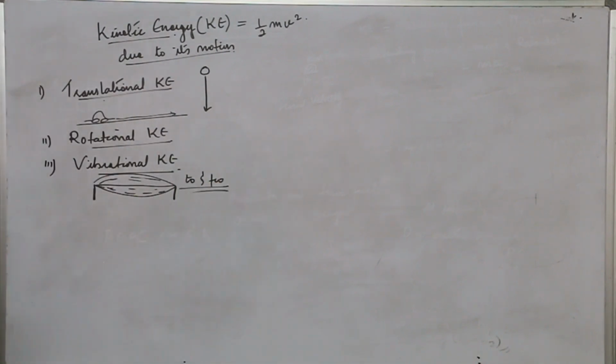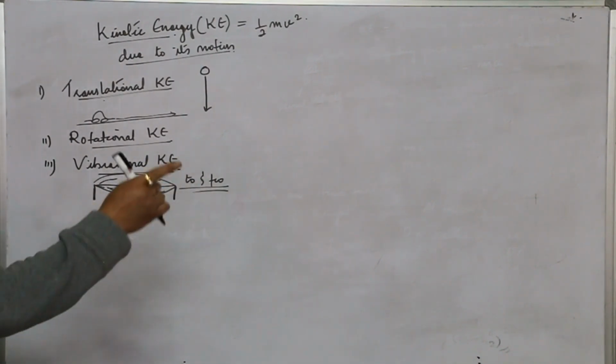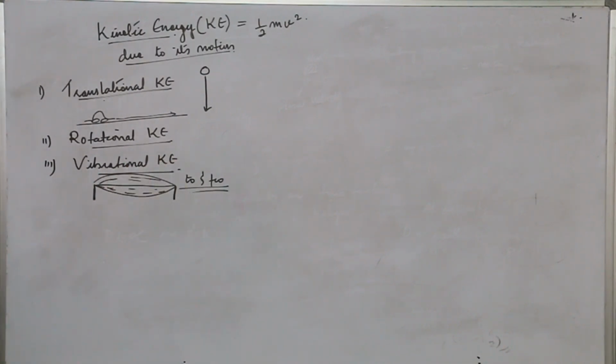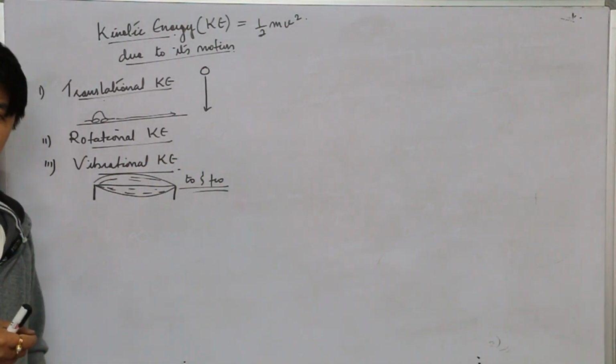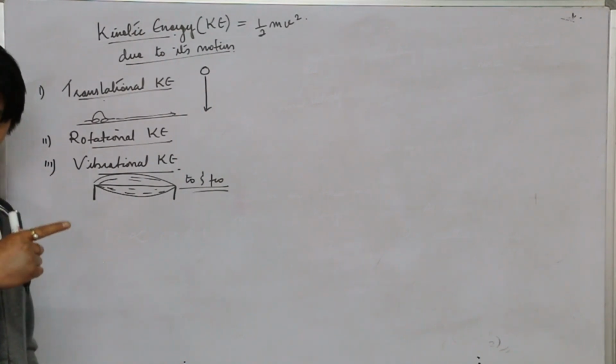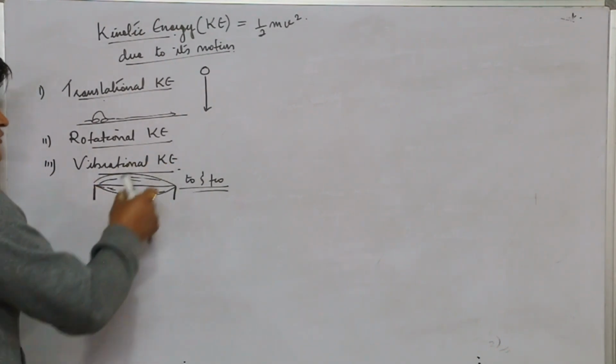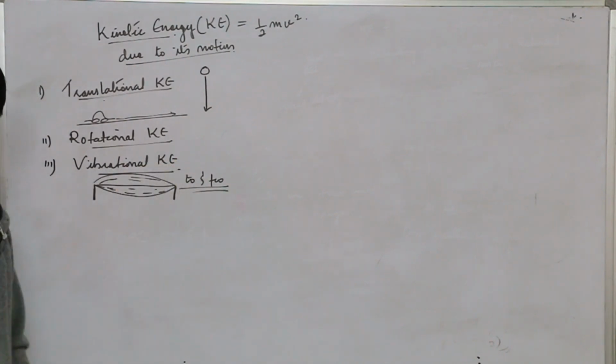Kinetic energy possessed by a body in a vibrational motion is called vibrational kinetic energy. If we pluck the string of a guitar, the string will start vibrating to and fro. That is also an example of vibrational kinetic energy.